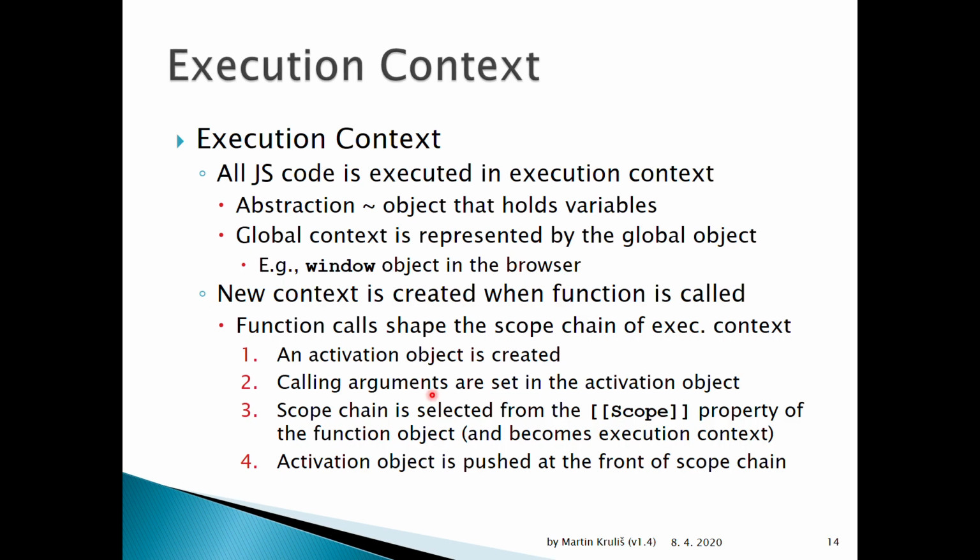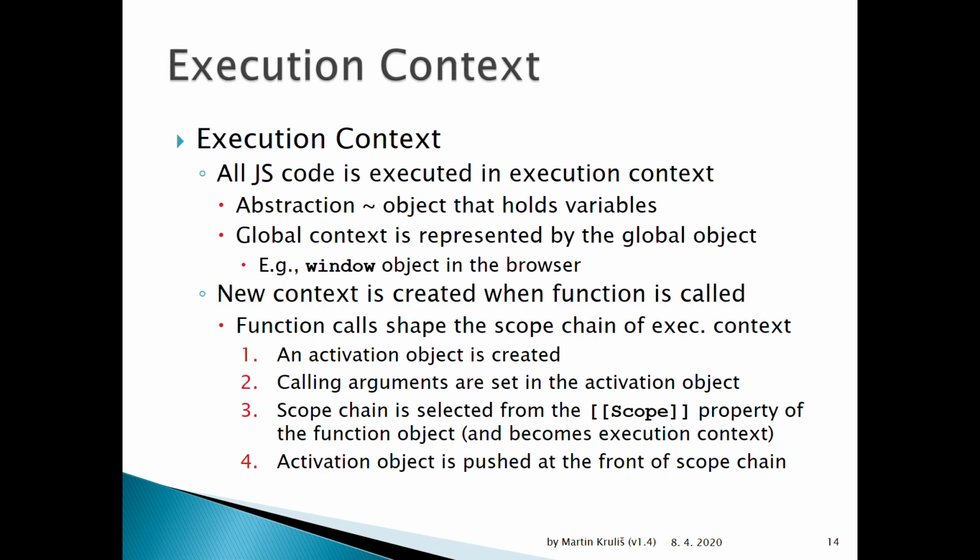So what actually happens when a function is being called? First thing that happens is that an activation object is created. It's even called an object in the documentation, so it stands to reason. It's a very similar concept to a regular object, and all the data necessary for calling the function, especially the calling arguments, are set in this activation object as properties. Then, and that's perhaps the most difficult part, the scope chain has to be selected, but it's selected from a hidden scope property of the function object, so of the function which is being invoked.